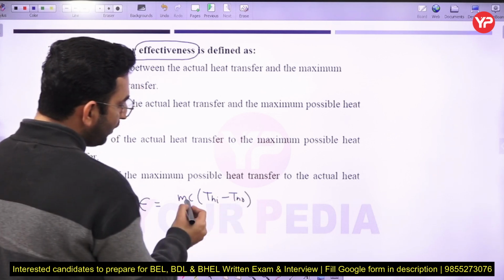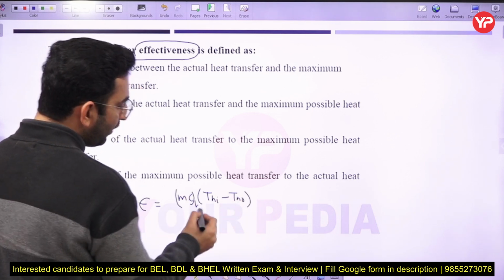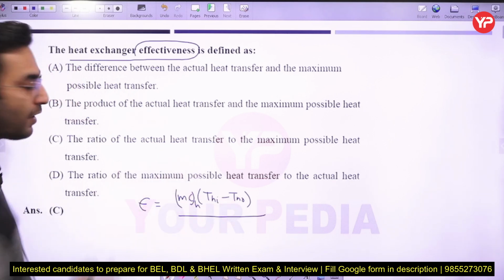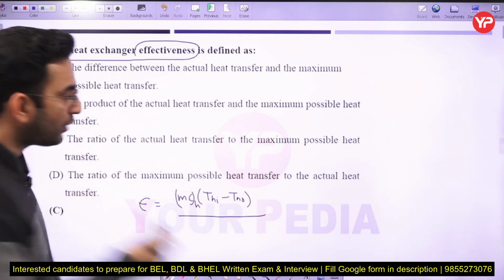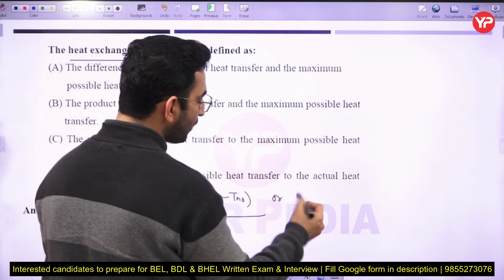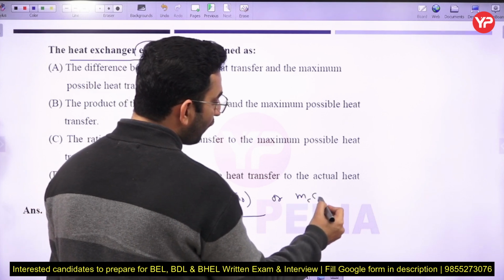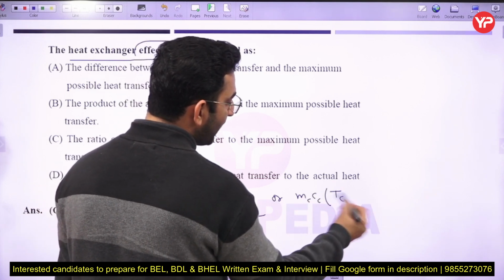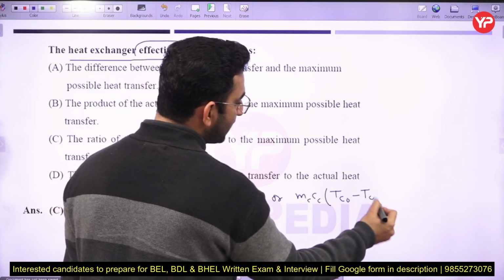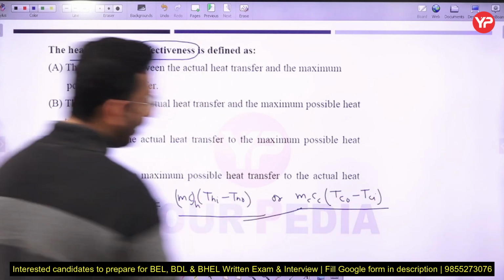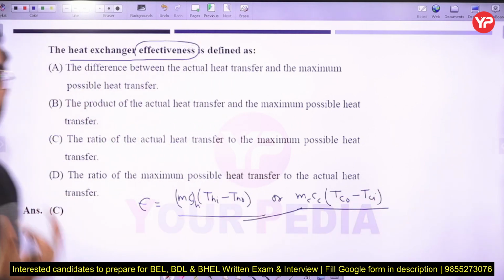This formula is basically the actual amount of heat transfer written for the case of hot fluid. You can also calculate the actual amount of heat transfer from the cold fluid, so it will be mc Cc (Tc out minus Tci). And what will be the maximum possible heat transfer?